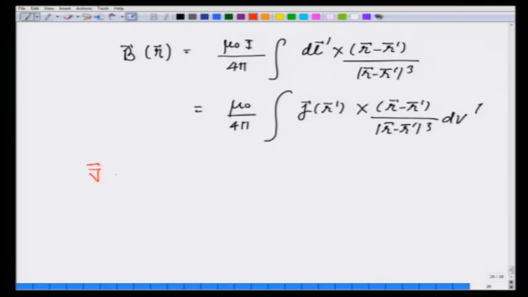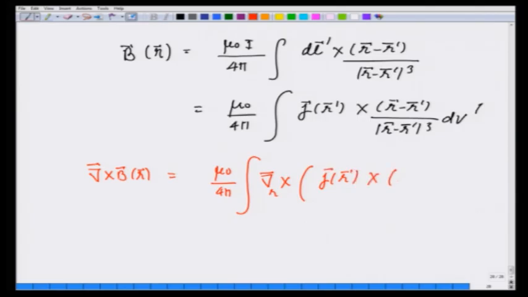Now, let us take its curl. So, curl of B of r is going to be mu 0 over 4 pi curl of, again I can take curl inside because curl is with respect to r and the integration is with respect to r prime. So, j of r prime cross r minus r prime over r minus r prime cubed dv prime.